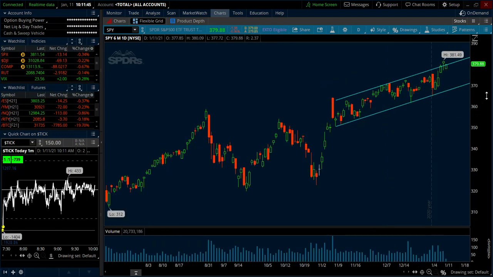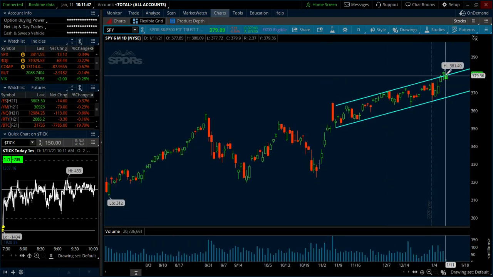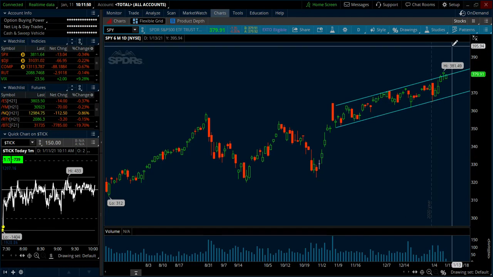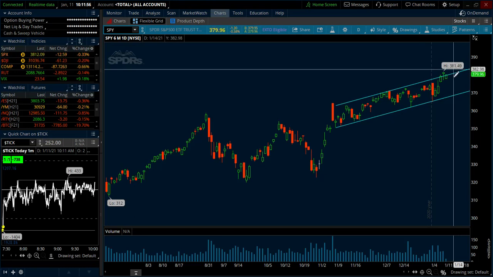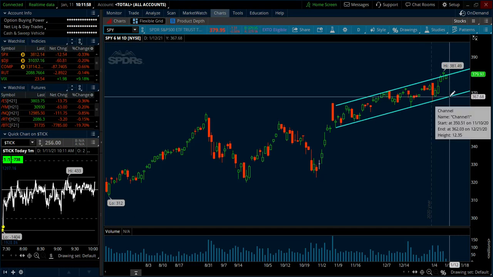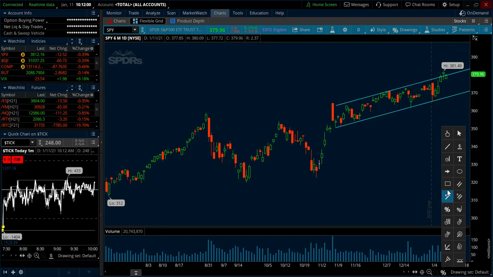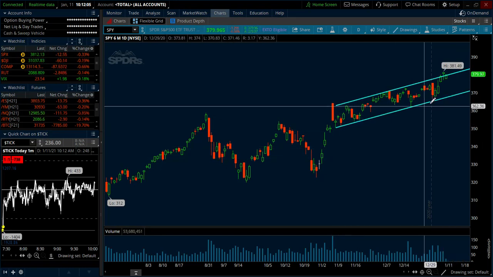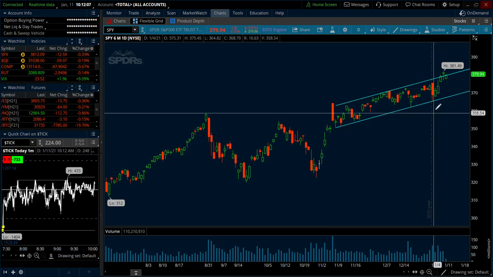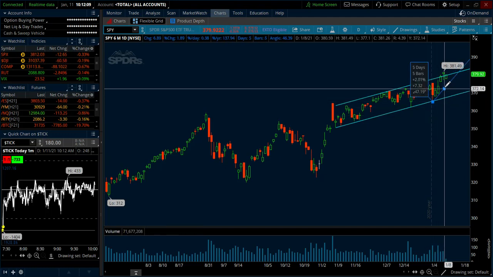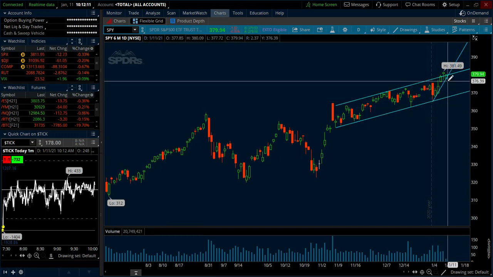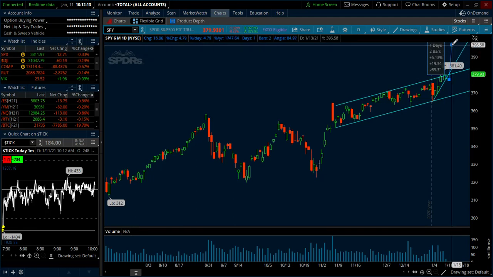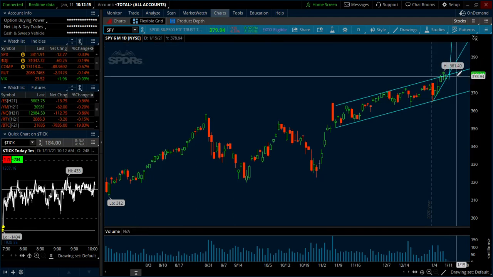So if we were to make a strong push above the top of the channel, then I would look for a fairly sharp decline to the bottom of the channel. What ends up happening is we start out pretty shallow like this with the uptrend line, and then you start to get a little bit steeper like this, and then you start to get really steep and you end up going straight up.